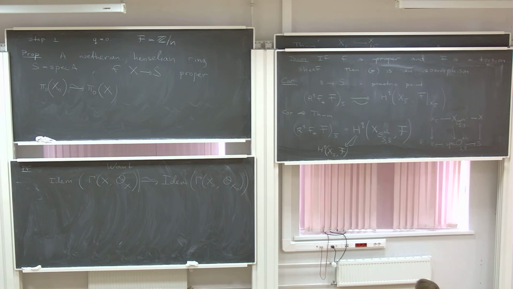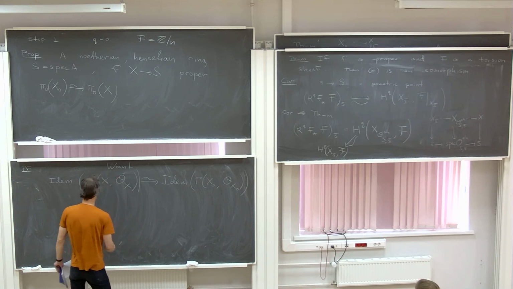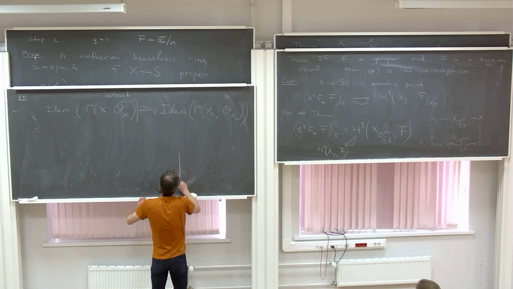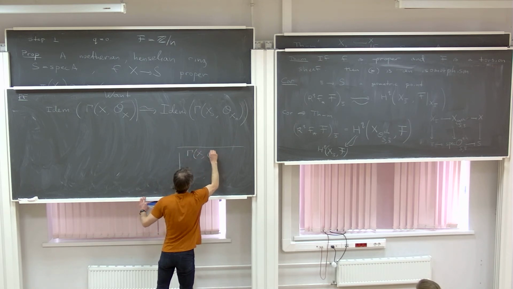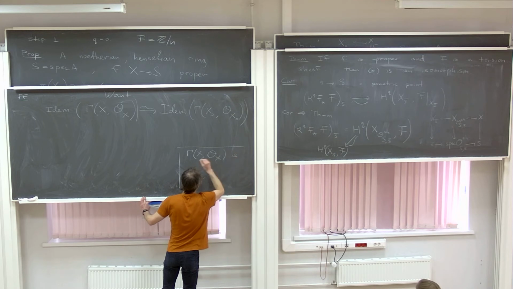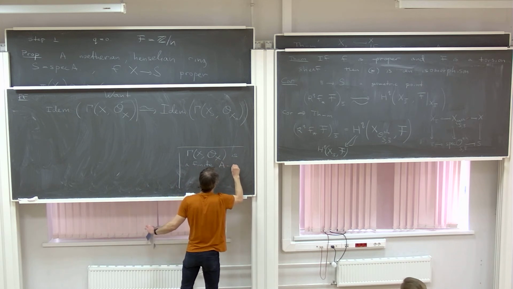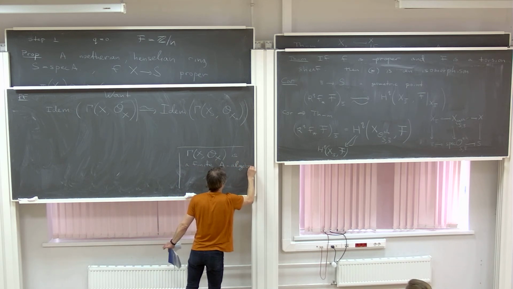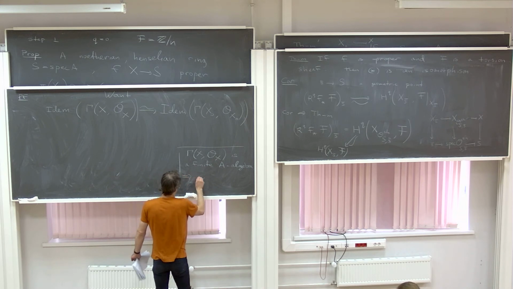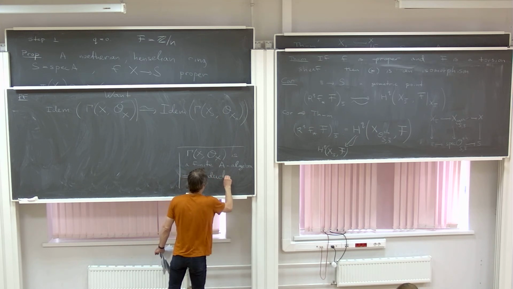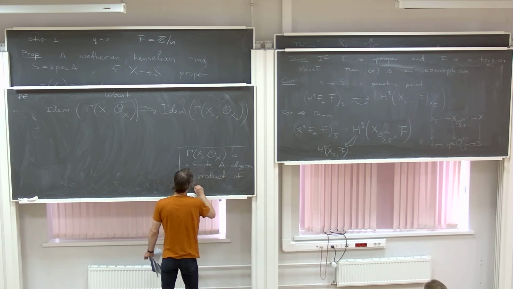What do we know about these guys? Maybe I will write it here, that's what I will use. Γ(X, O_X) is a finite A-algebra, and therefore it's a product of local algebras.